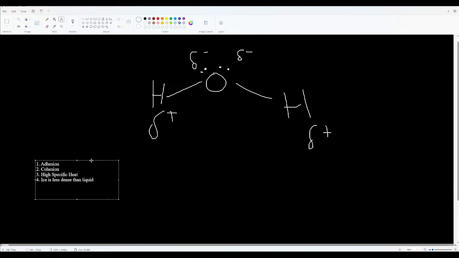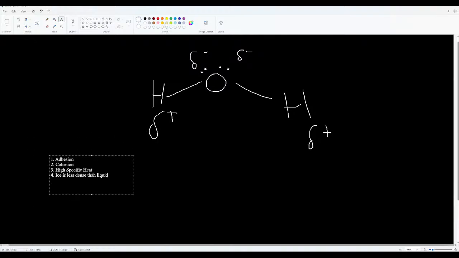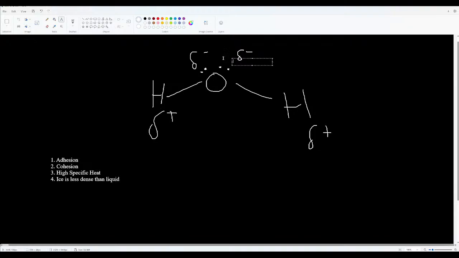So, these 4 attributes of water are incredibly important for survival of life as we know it, like I said. Like I also said, these things lend themselves to the fact that water has these unique properties of having 4 available spots for hydrogen bonding, yet only having 2 covalent bonds, right?